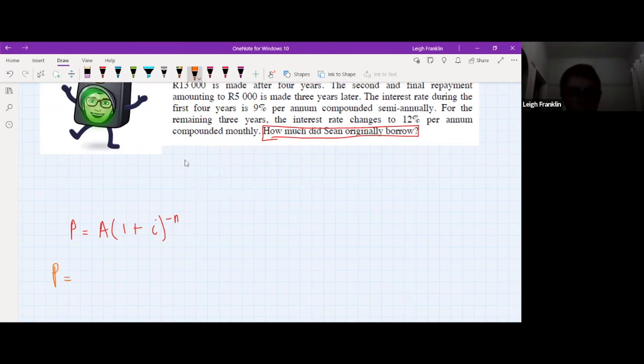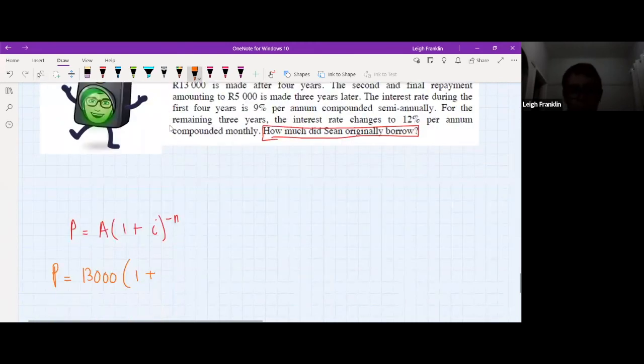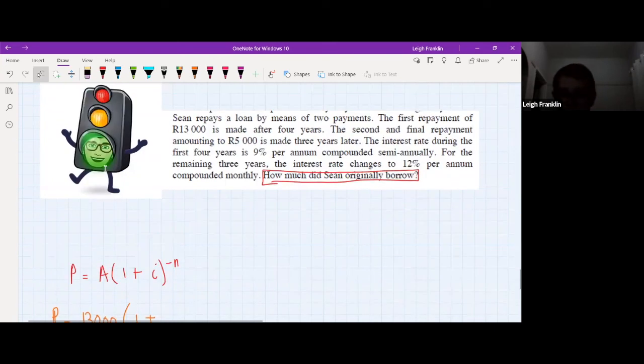So he borrowed 13,000 Rand. So that's the A that he borrowed. The interest rate was, hang on, I think we should draw ourselves a timeline here. In the first 4 years, it was 9%.